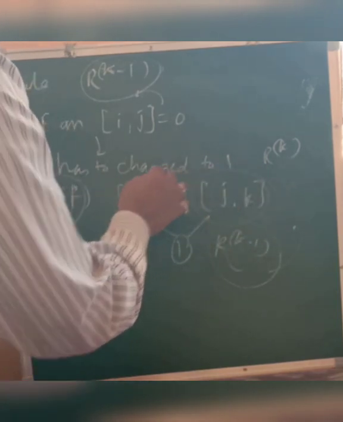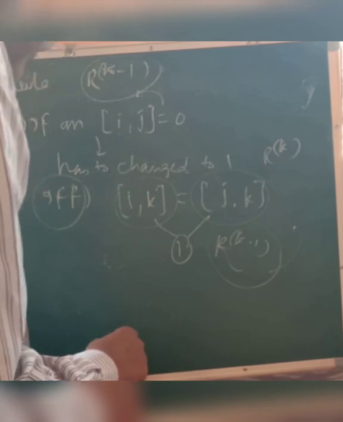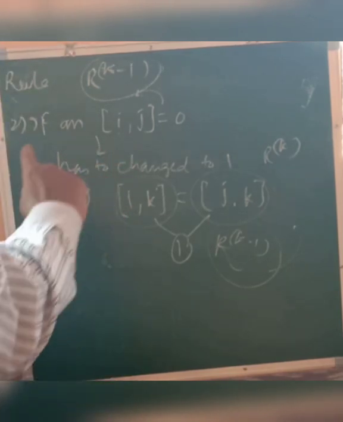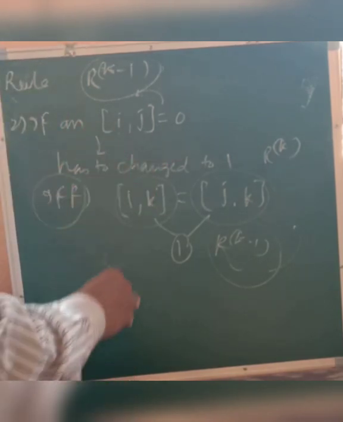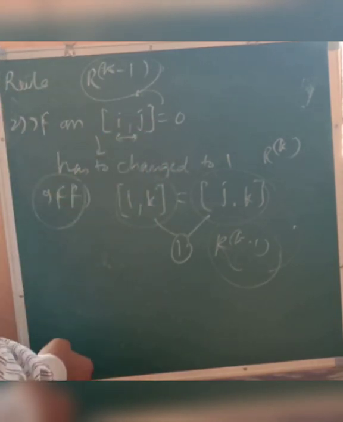If there is a path between i and k and between j and k, then I can put 1, because both 1s together give a path between i and j. That's why it comes out to be a 1.